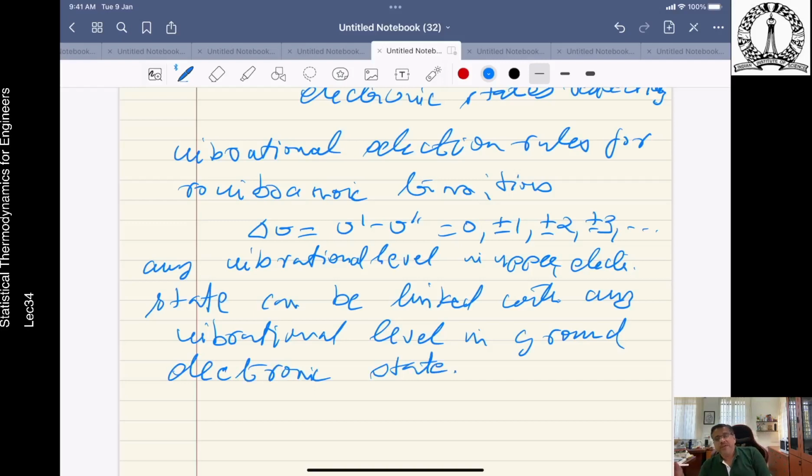In particular, an electronic spectrum containing vibrational bands with constant delta v is called a sequence.